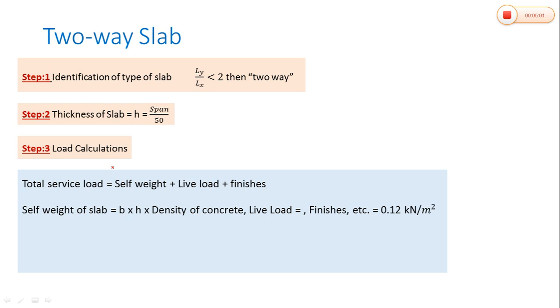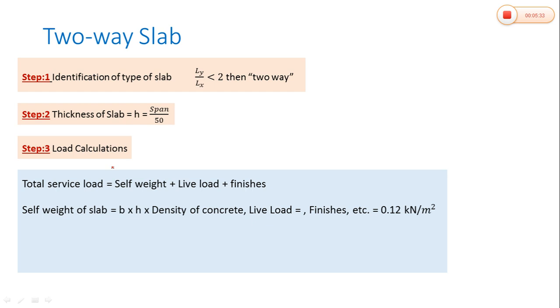Live load: many times in the numericals asked in university exams or any exam, the live load value is directly given. If it is not given, then we need to take it from the IS code, but many times it is given. The value of floor finishes we are going to take as 0.12 kN per meter square.